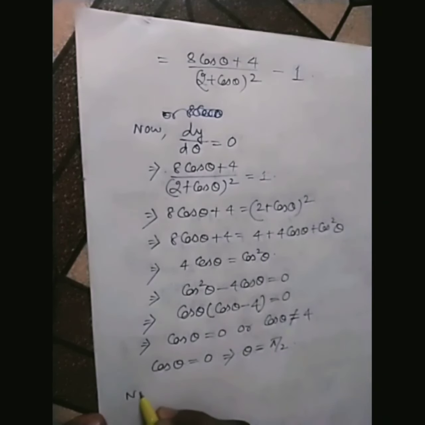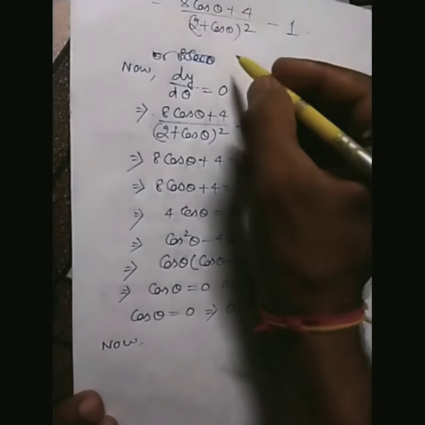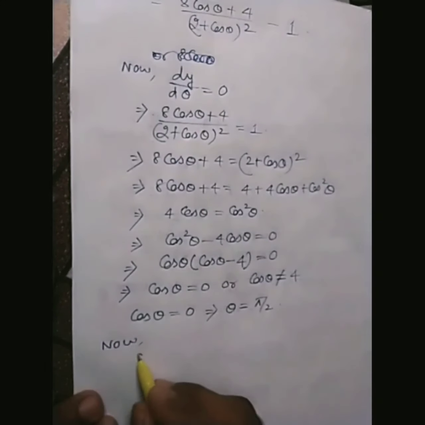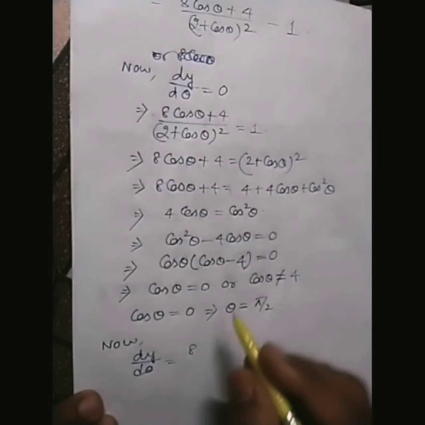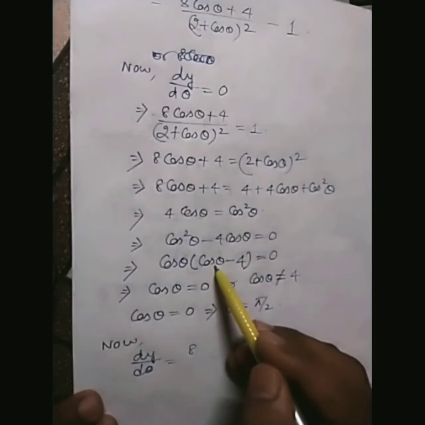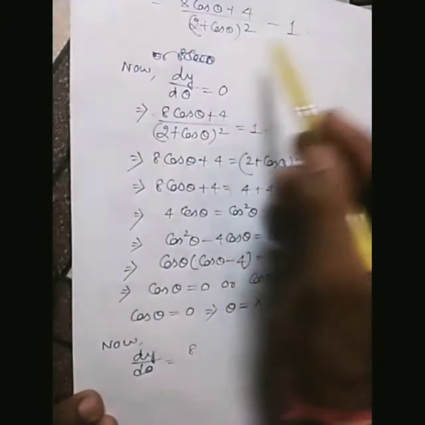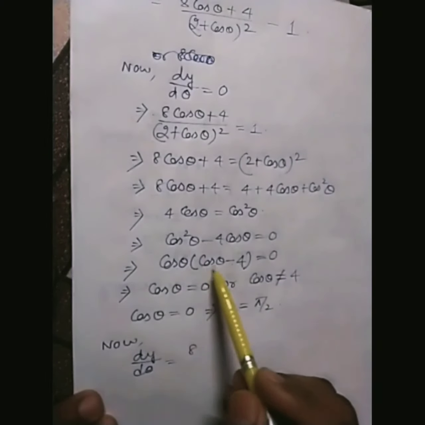Now you can write this line directly here also. I am writing here, dy by d theta is equal to, you will get this line only, cos theta minus 4. Okay, simplify this, you will get this cos theta minus 4.